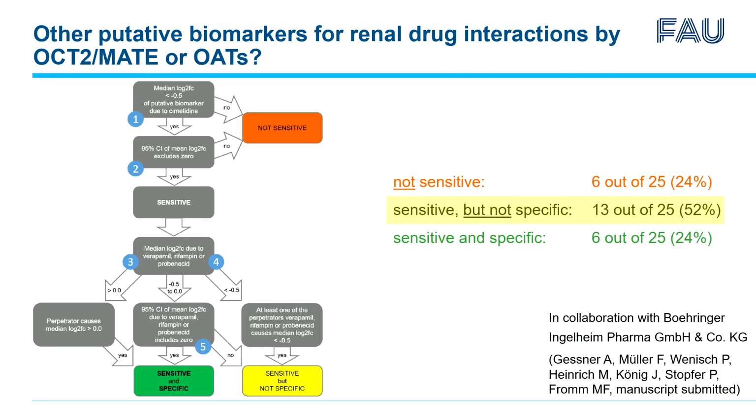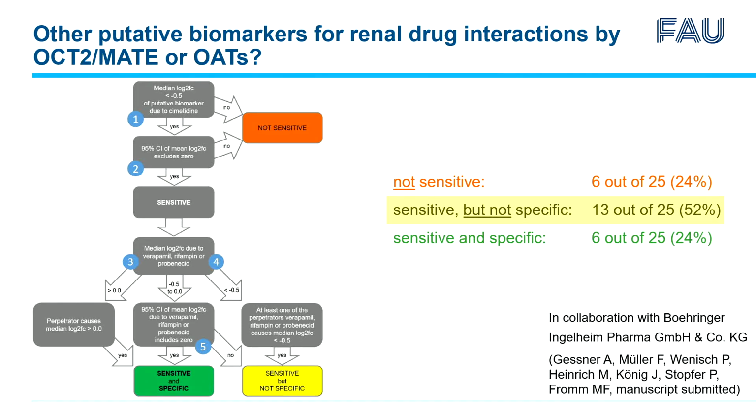that among these 25 biomarkers, 6 out of the 25 were not considered to be sensitive at all. About 50% were sensitive but not specific, so the disposition of the biomarker was altered by the prototypical inhibitor cimetidine, but it was also altered by probenecid or verapamil, or maybe both of them.